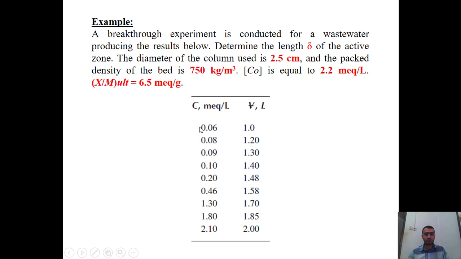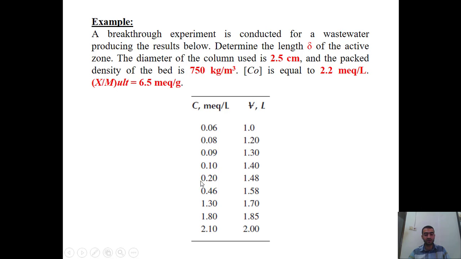At time 1, for example, maybe after 5 or 10 minutes, the final concentration was 0.06 and the volume was 1 liter. After that, the concentration increased to 0.08 and the volume was 1.2, and so on until we reach a concentration almost equal to the initial concentration, which is 2.1, and the volume was 2 liter.